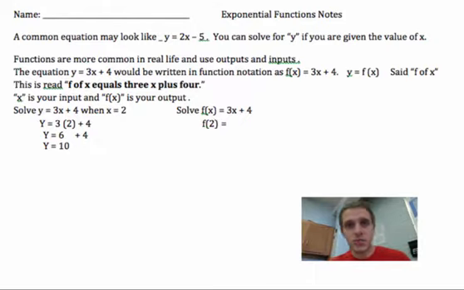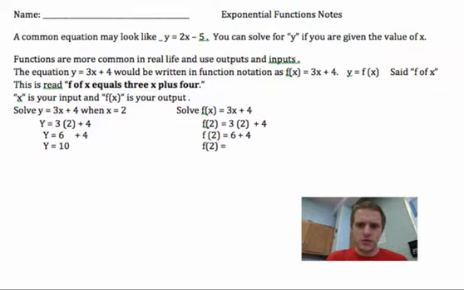So when we write this right hand side of the equation, instead of x, we're going to substitute in that value of 2 plus 4. So f of 2 equals, well, 3 times 2 is 6, plus 4. Sounds good. Our last step here, f of 2, well, 6 plus 4 gives us 10, so f of 2 equals 10.